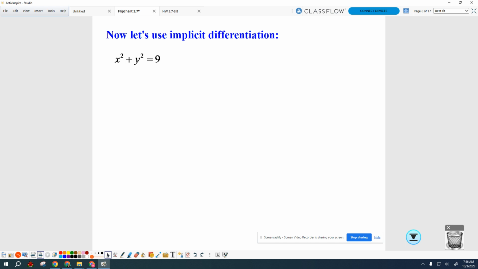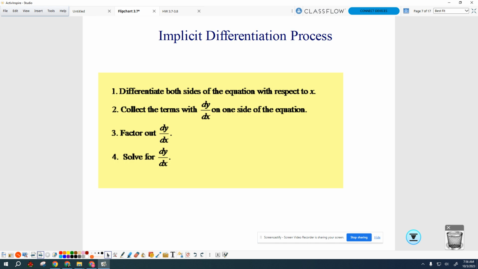Okay, we just did this. So here's the steps of implicit differentiation. Differentiate everything with respect to x, which is why I made a big deal when Miriam did the warm-up. It was not y prime, it was dy dx, dr d theta.